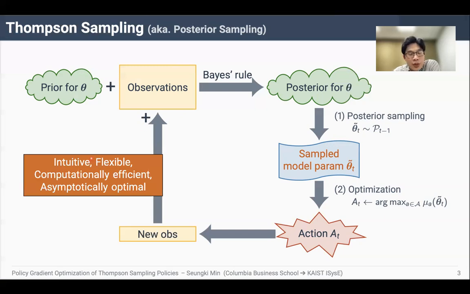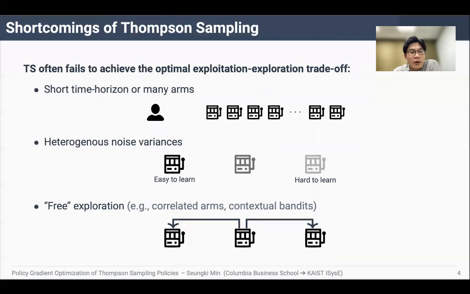It is also very computationally efficient and is known to achieve asymptotic optimality in many settings. However, it's not always perfect. It fails to achieve the optimal exploitation and exploration trade-off, particularly in the following settings. For example, we may have too short a time horizon or too many arms. In this case, we don't have enough time to explore every single arm, so it's better to exploit rather than explore.